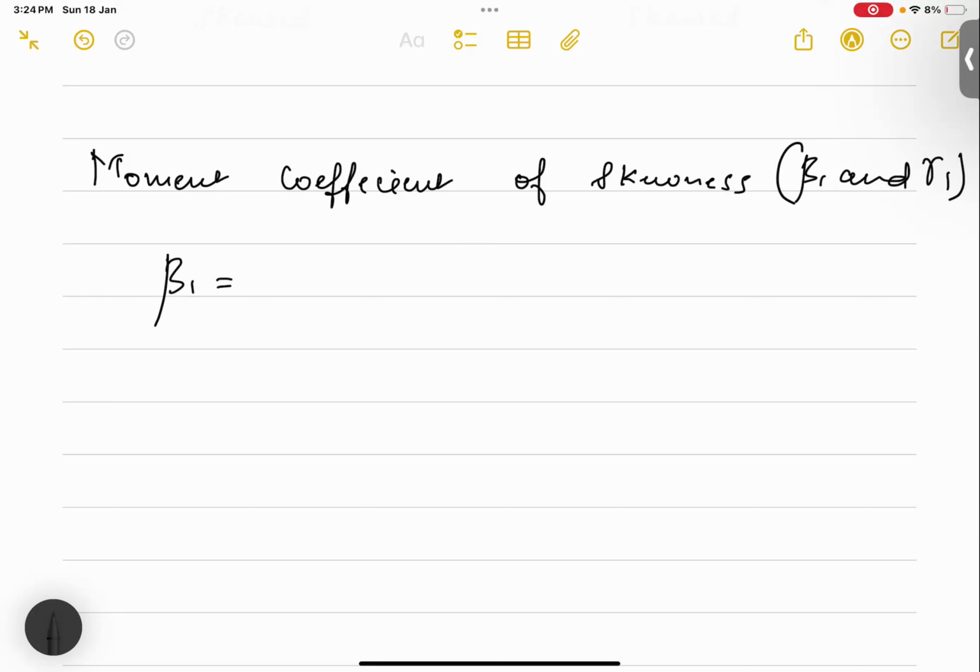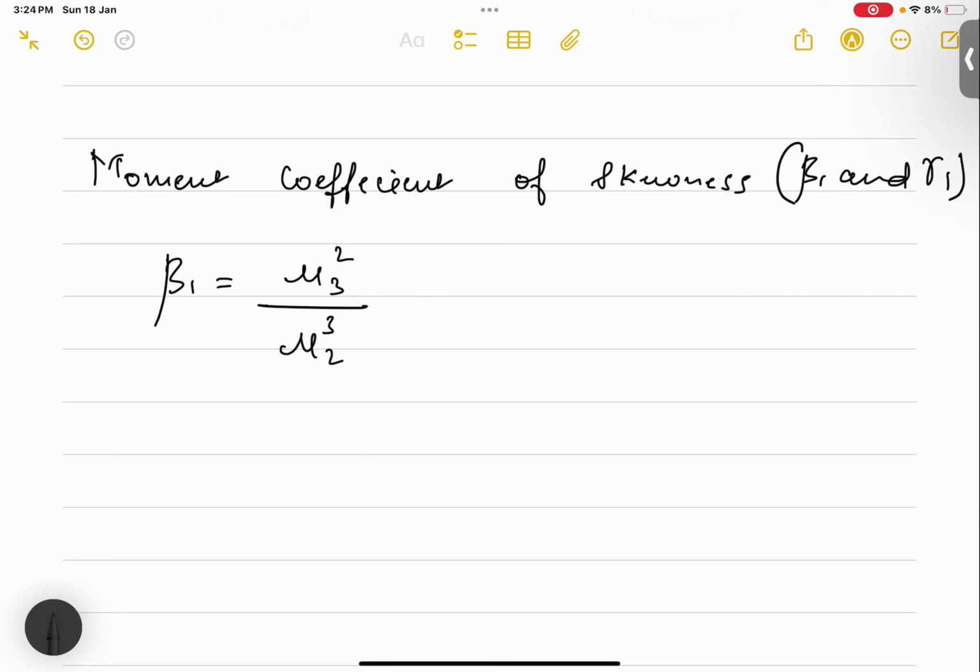So beta 1 is equal to mu 3 square. What is mu 3? Third central moment, correct. Upon mu 2 cube.